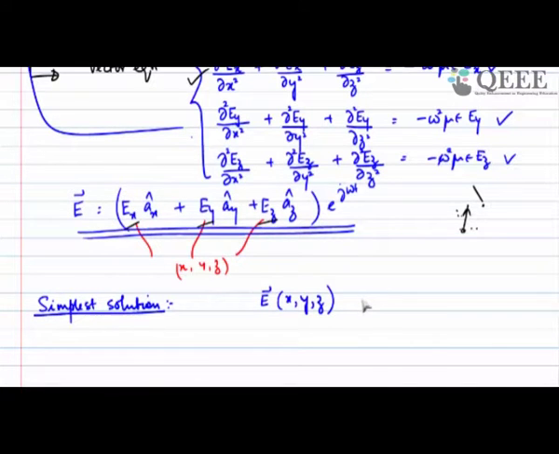The simplest solution, let me take that there is no variation at all. Let's say it's a constant field, E naught. What does it physically mean? It means a constant vector in some arbitrary e cap direction.